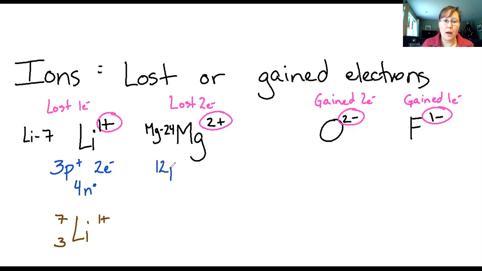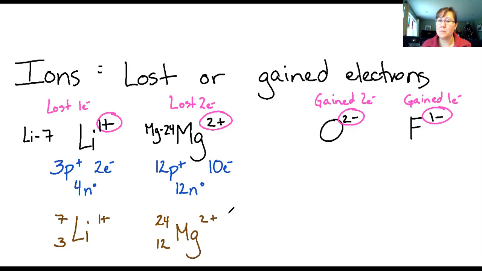That means that we have 12 protons, but we've lost 2 electrons, which means that we have 10 electrons. If we're working with magnesium 24 specifically, then that means that we have 12 neutrons, because neutrons plus protons equals mass number. And now the symbol, and you'll see that we have charges on these, and we didn't have them on our previous slide. Now our symbol is 24 and 12 and Mg and a 2 plus.